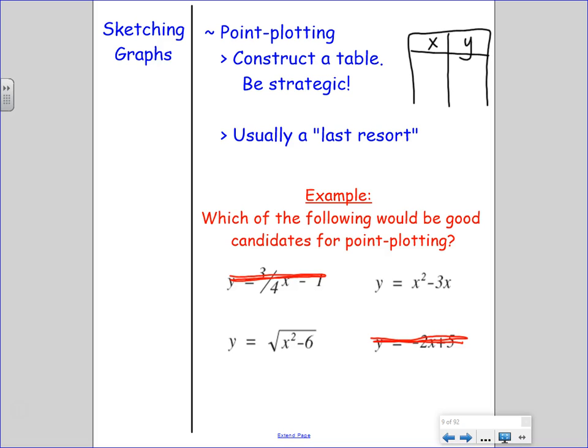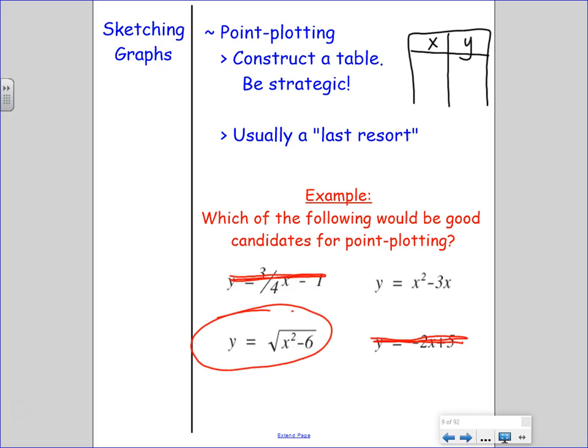Between these two, which one do you think is the hardest? Yeah, I would say this is the best candidate for point plotting, and that's even at the end of Precalc and into calculus. I even tell calculus kids to point plot that one. I hope they get to the point where they remember that's a half circle, the top half of the circle with a radius of square root of 6.